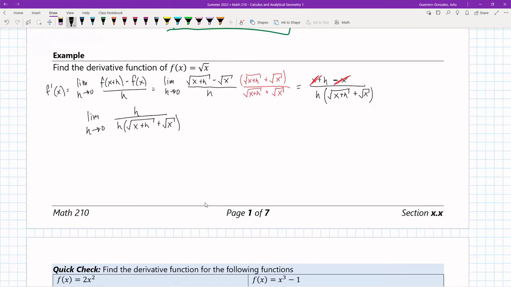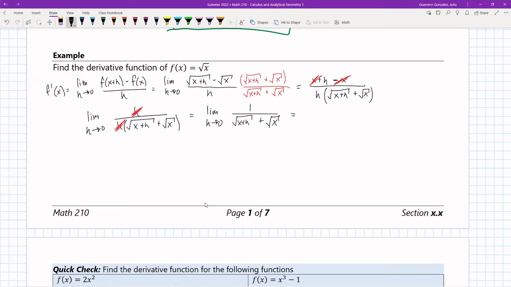And now notice there's an h on the top, there's an h on the bottom. Those cancel. I get left with the limit as h approaches 0 of 1 over the square root of x plus h plus the square root of x. Now notice that if I plug in h equals 0, there is no problem.